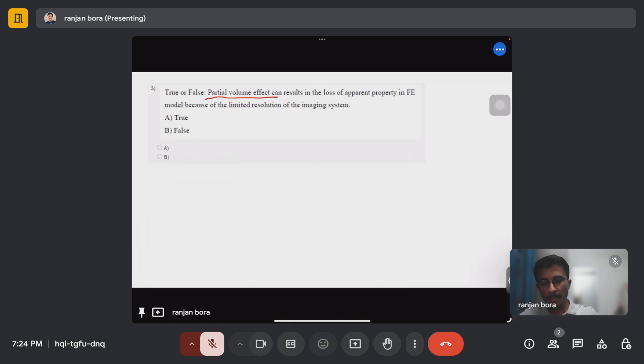So if we lose any resolution in the imaging system, then it is not suitable for FE model. So it is a correct statement. Because of partial volume effect, there is a loss of apparent property in FE model.